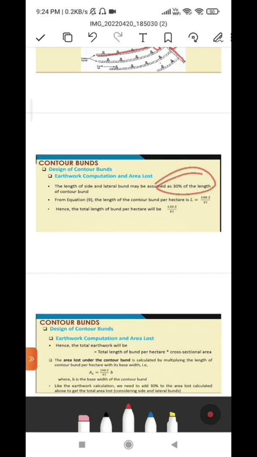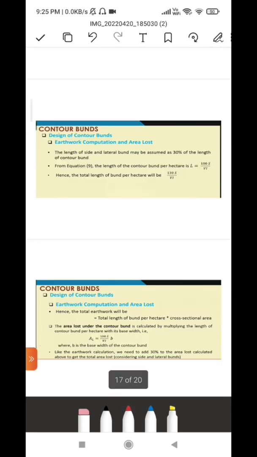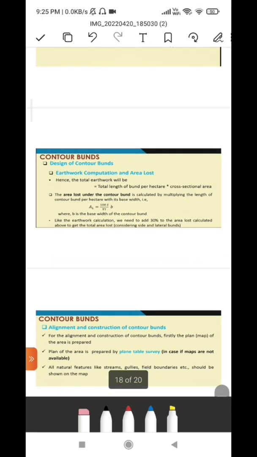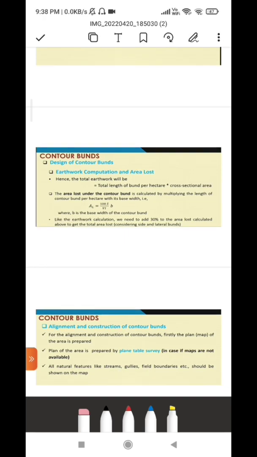So when we add 30% of this to this whole, we will get 130 S divided by vertical interval. That would be the total length of the bund per hectare. Now when we multiply it with the cross section area, we get the total earthwork.